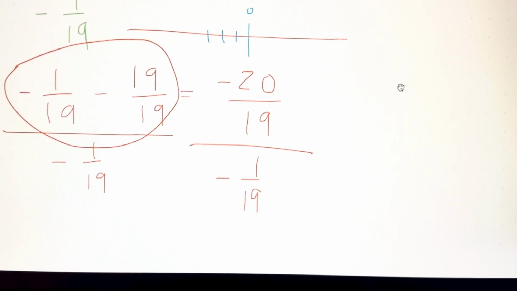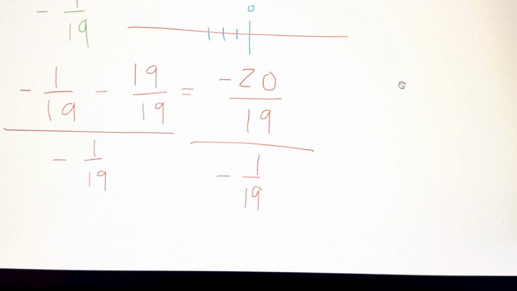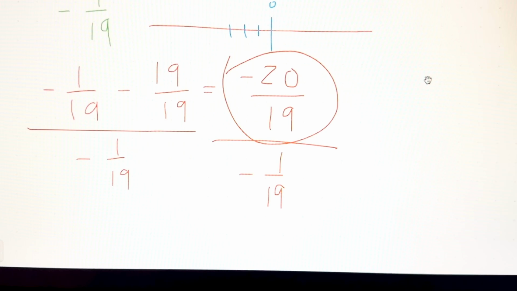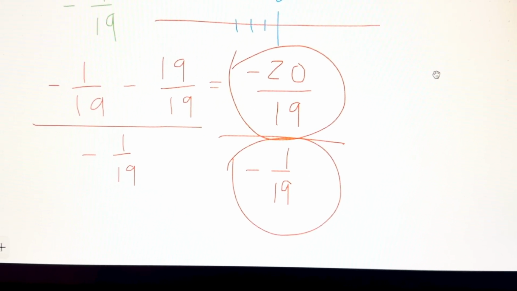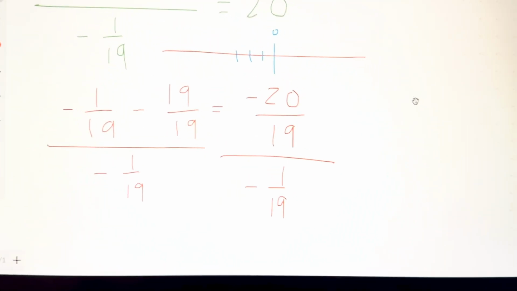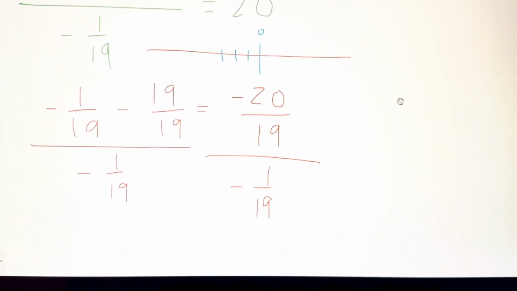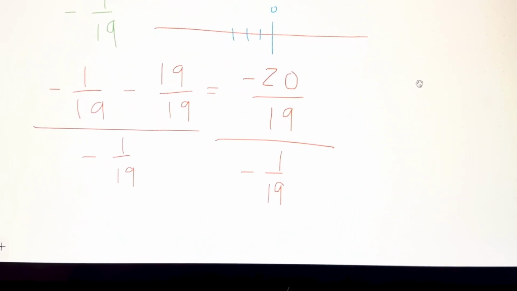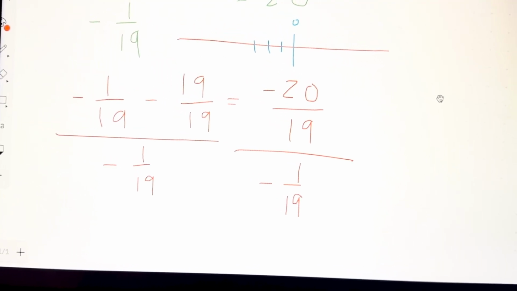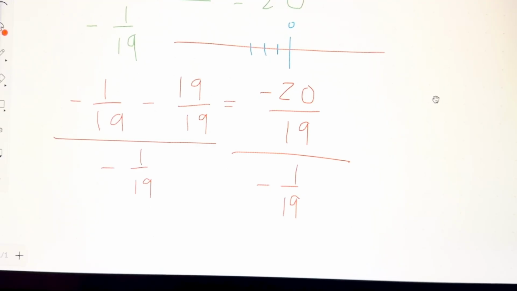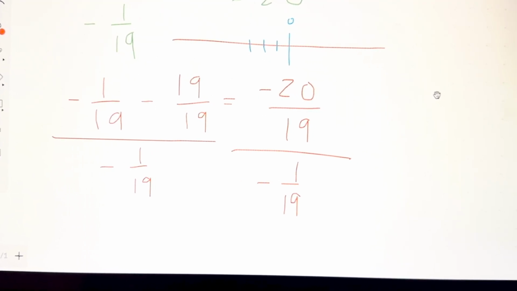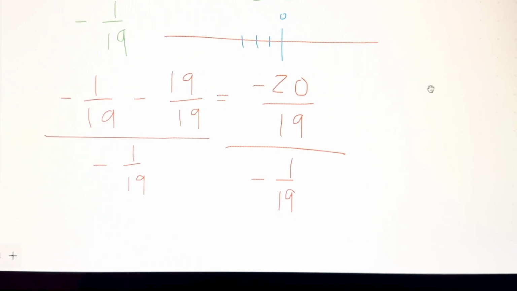Okay. So now I've got a fraction being divided by another fraction. I've got this fraction here in the numerator being divided by this fraction here in the denominator. Do you know how to divide by fractions? I think so. What's the operation? I need to refresh. You've done it before at some point. Here's what you do: you multiply by the reciprocal. Okay, yeah, I remember. So we're dividing by negative 1 over 19, so we multiply by the reciprocal of negative 1 over 19.